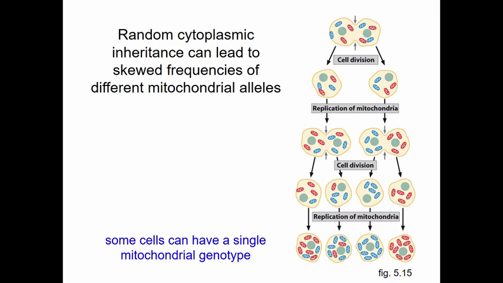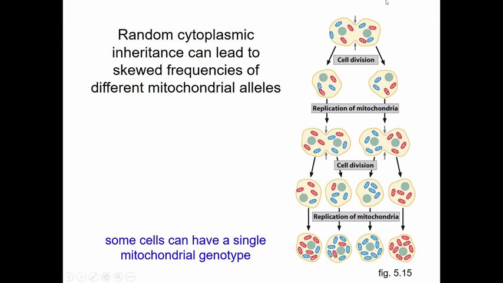And so the cell that ends up with all red ones at the very bottom right down there, we were calling that in class, that's the one with the mutation, and they're all going to be mutant there. It is just random and accidental. It just so happened that that one got all the red ones.